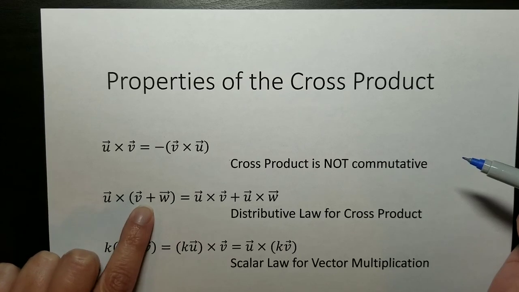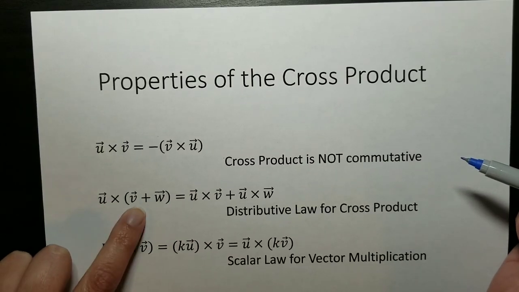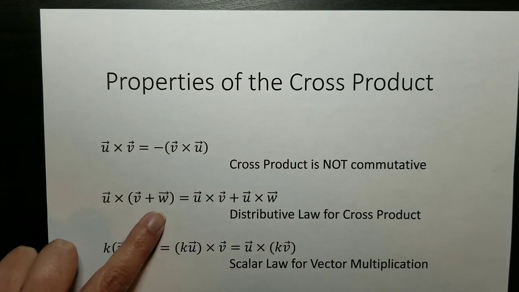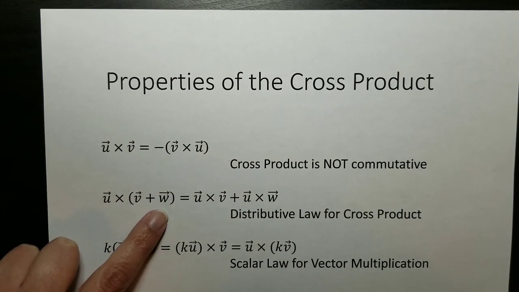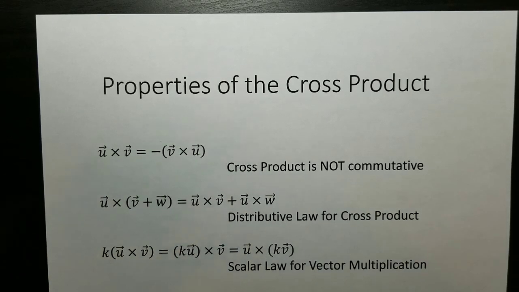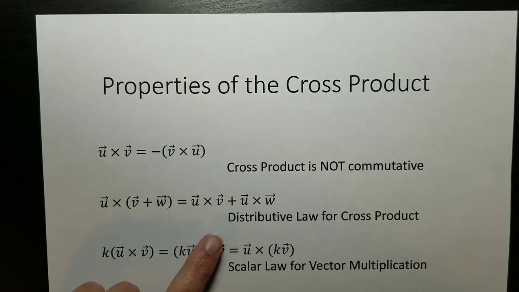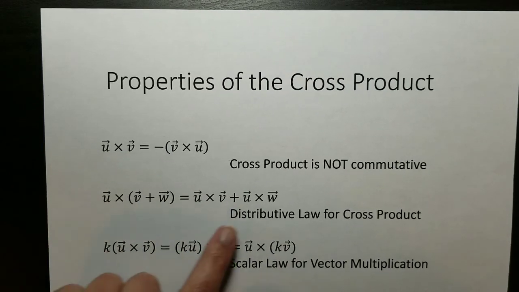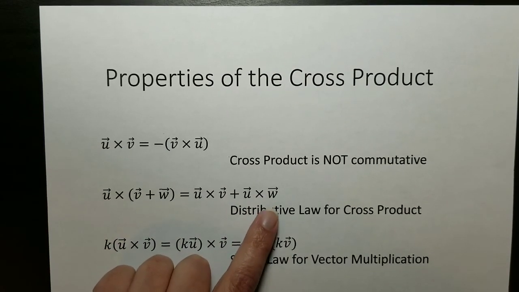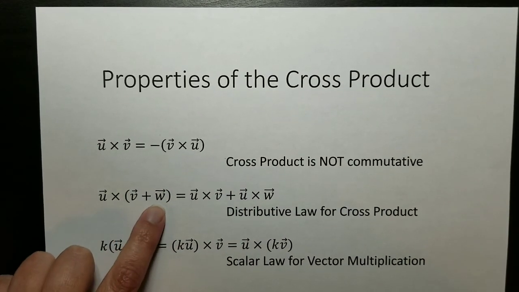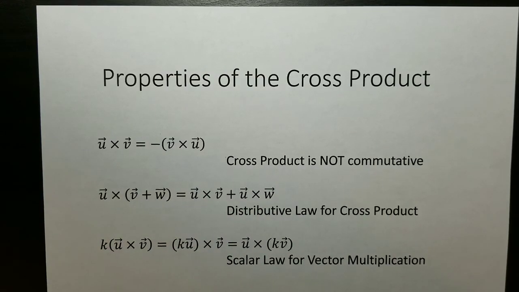So if you have the sum of two vectors here, you could do U cross V plus U cross W. You have to be a lot more careful when you're doing the distributive law with cross product versus dot product, because this is not commutative. So if you had another one where you maybe got a W cross U, you couldn't just gather those like terms, because you have to be, again, careful of the order. The U here is first and these ones would be second when you do the cross product of each.